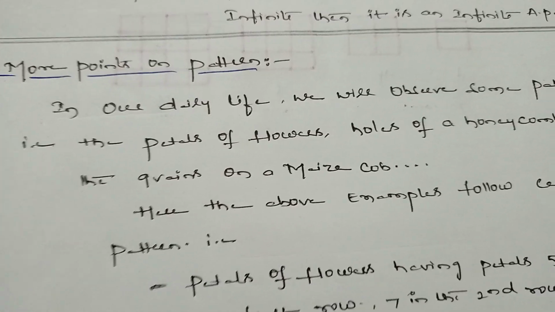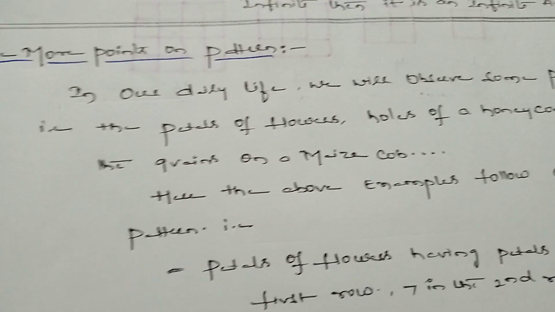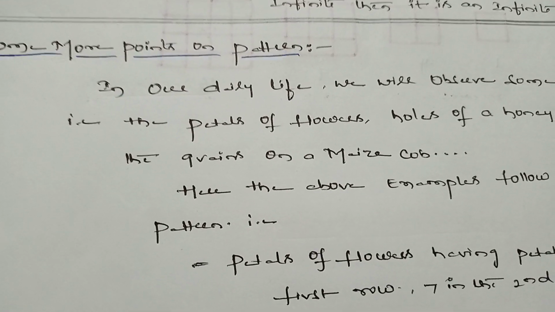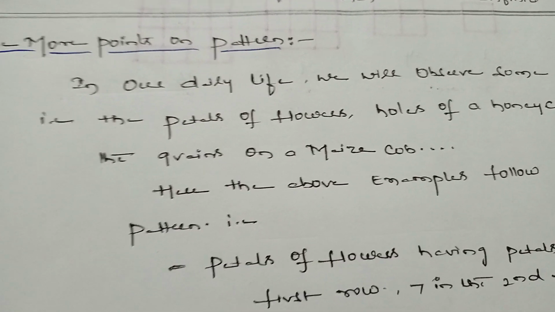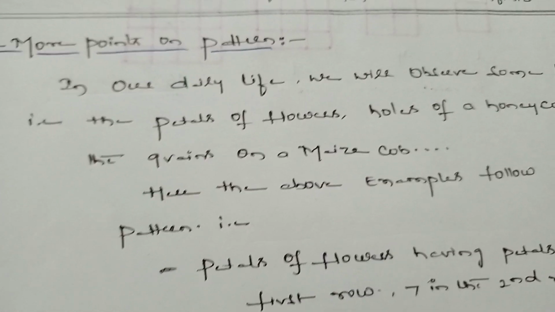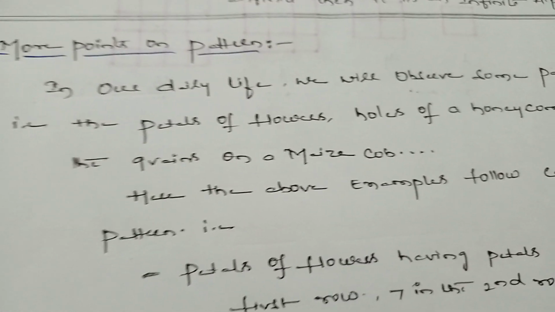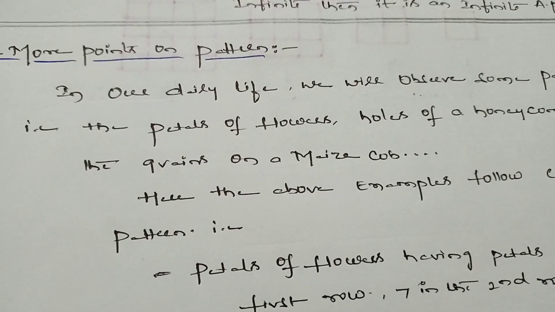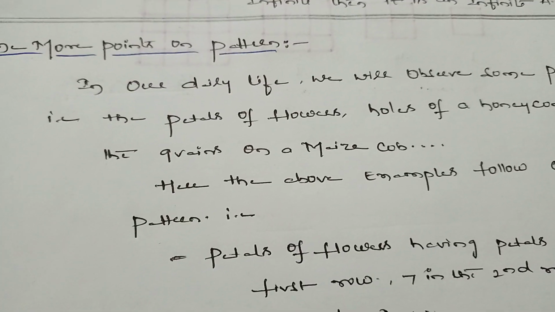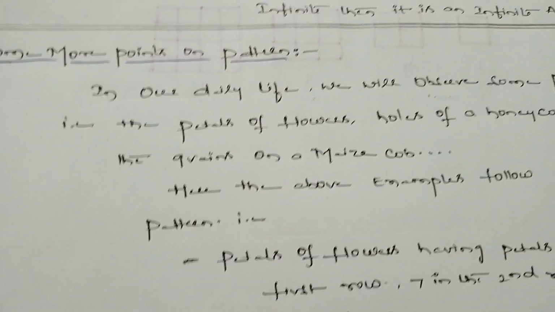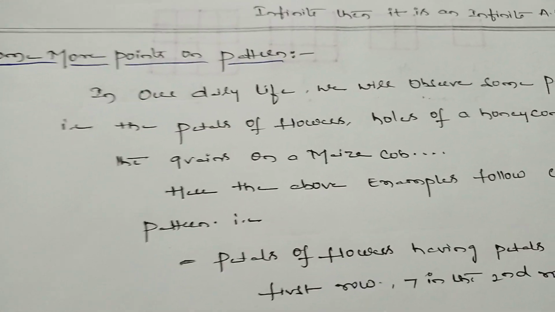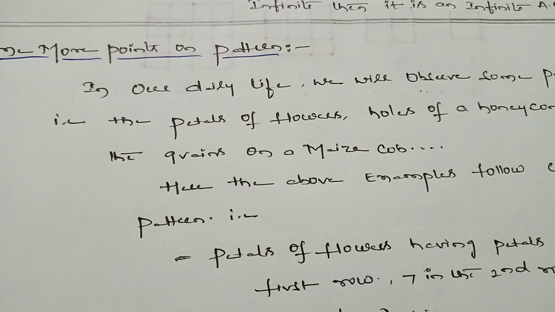Suppose you consider the petals of a flower: in the first row it will be 5 or 6 petals, in the second row 8 petals, in the third row 9 or 10 petals. So it will be in increasing order, right? Some flowers are following some pattern.